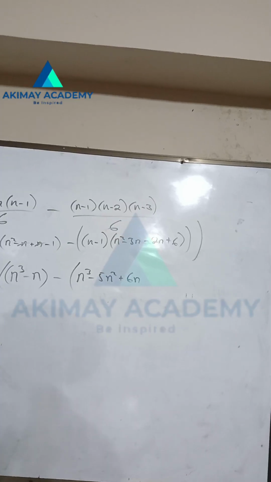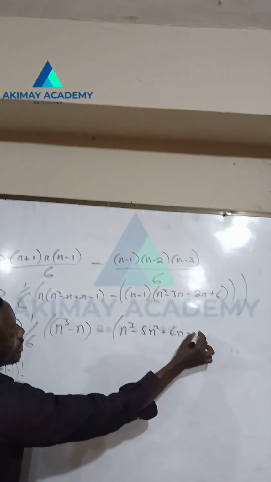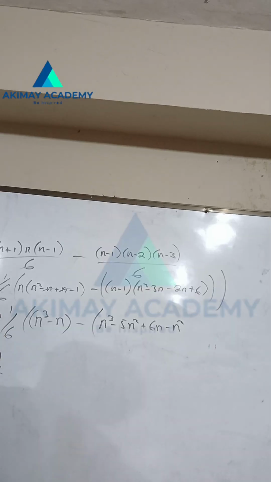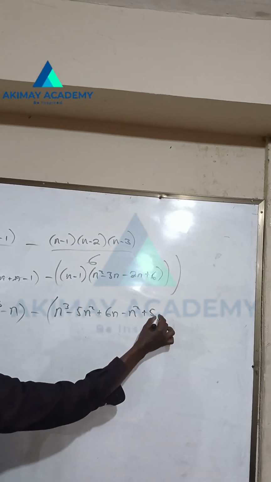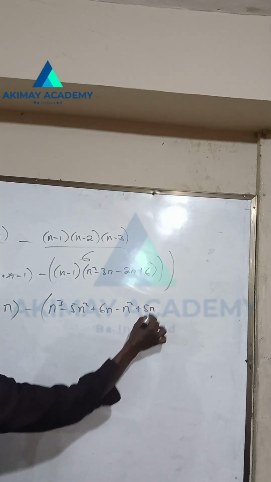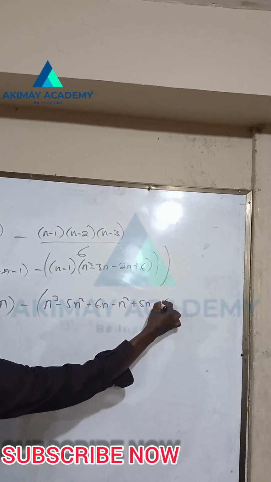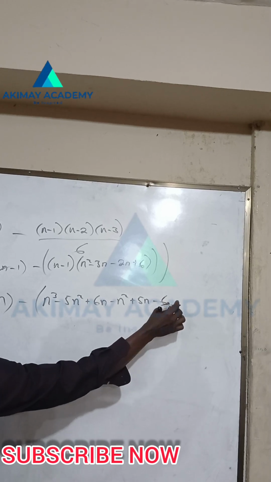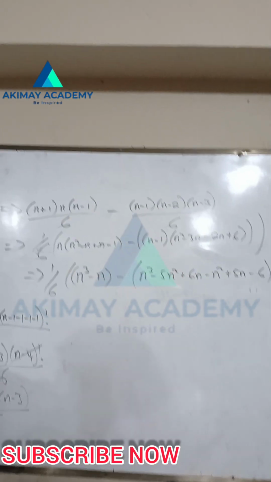Then our minus 1, I'm going to get minus n, right? Minus n squared. Is it plus? Yeah, plus n. Plus 3n. Plus 5n. Minus 6. Just 6, right? Yeah. Okay. So that's what we have.